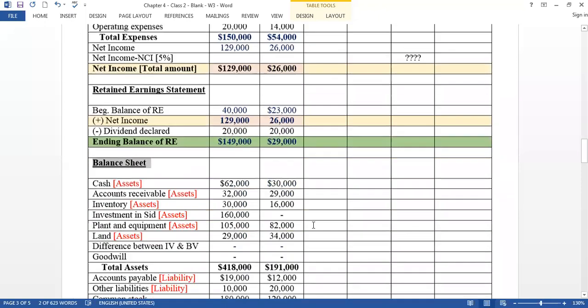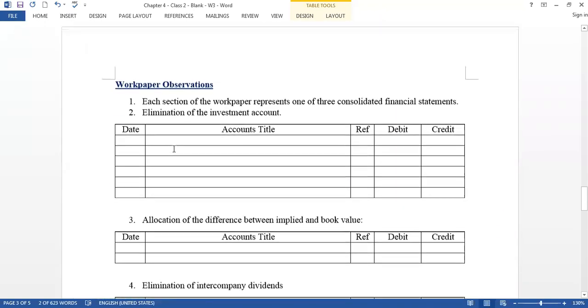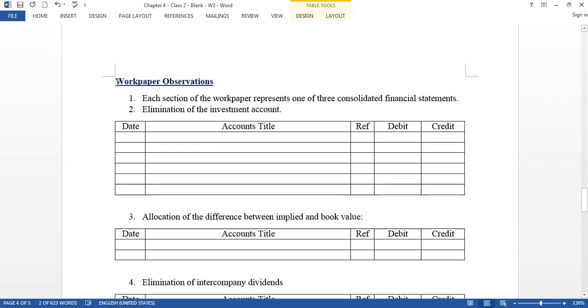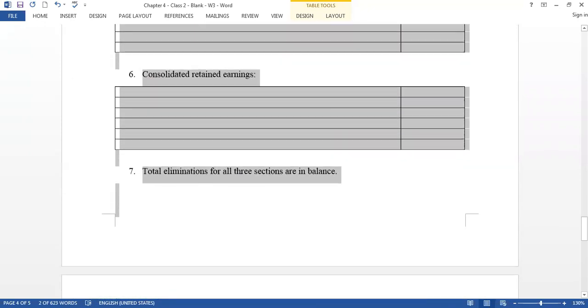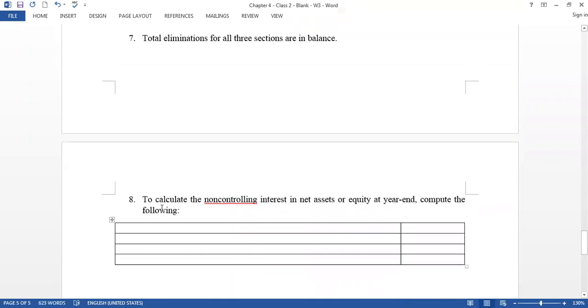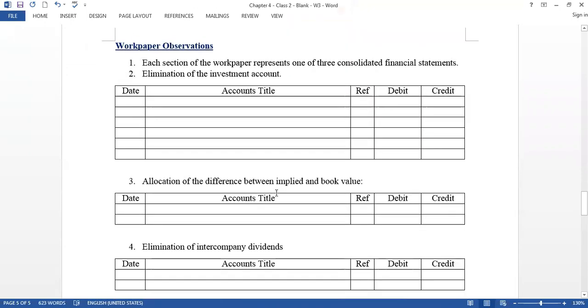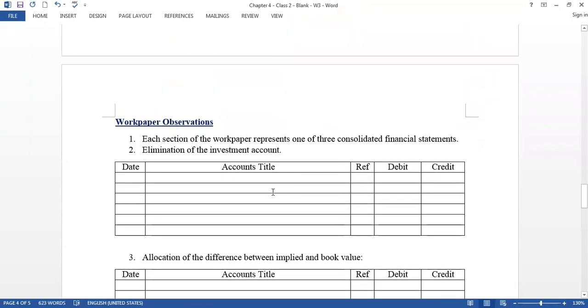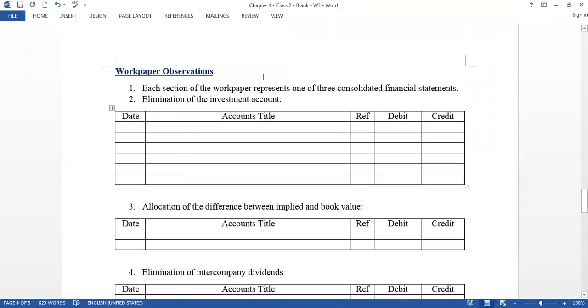Now, the second part. These are the steps. Maybe in the exam, I may not ask you to do that. I don't know at this moment, but this is the working that will help you to solve the question clearly. We already did step 1, right? Then we have to do the elimination journal entry.